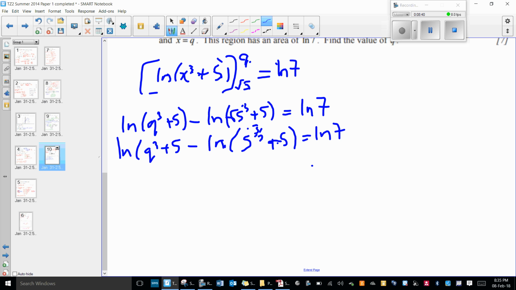Right. Then we know that laws of logs tell us that when we're subtracting log statements, we would divide.